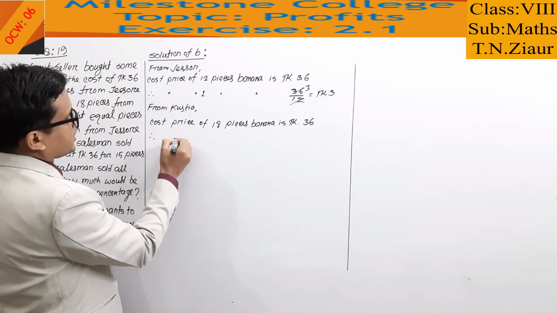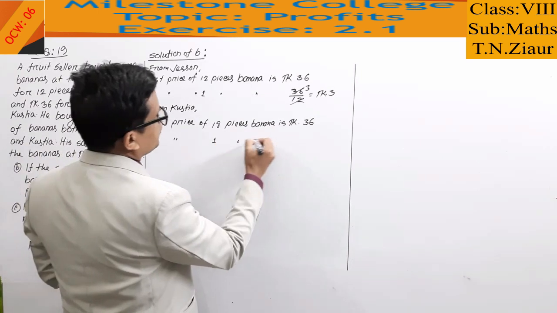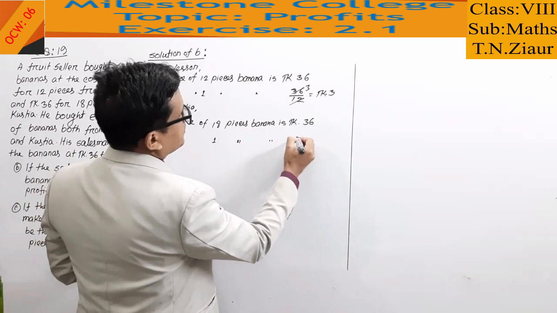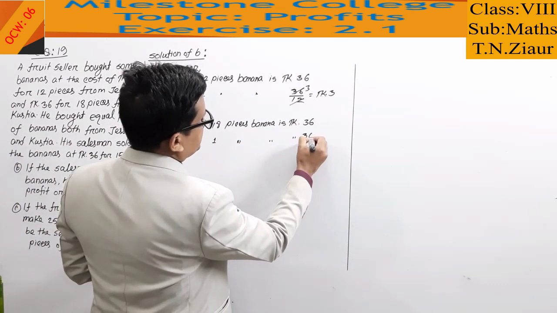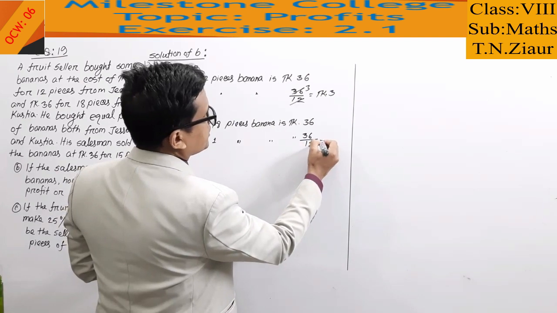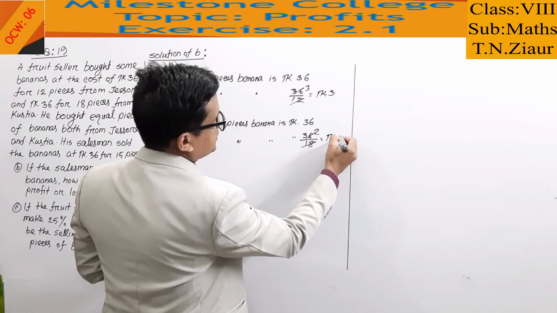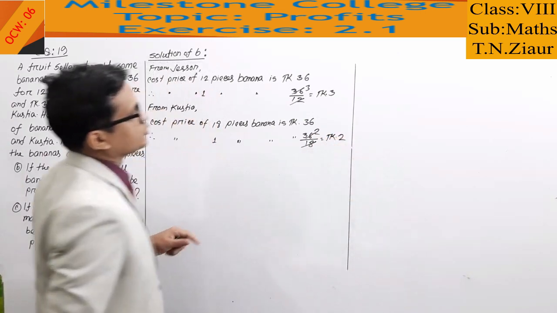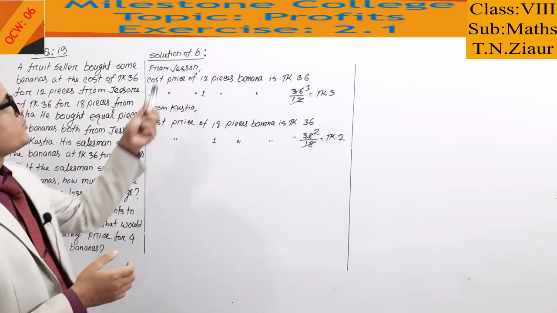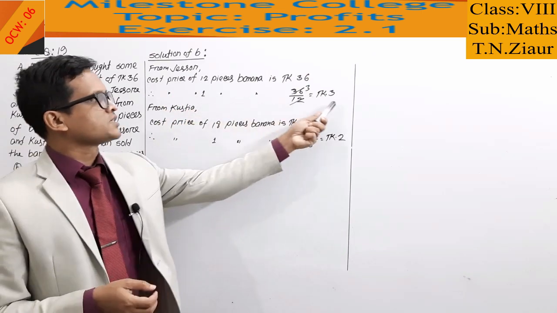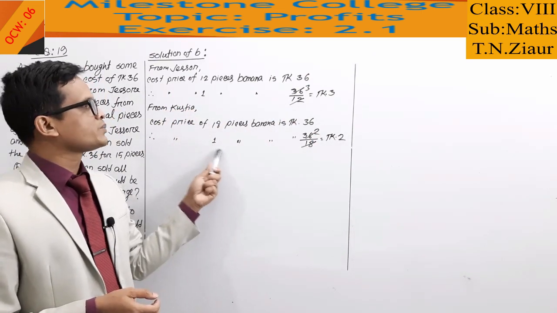So the cost price of one piece will be 36 by 18, which is taka 2. So from Joshua the cost price of one piece is 3 taka, and from Kustia one piece is 2 taka.